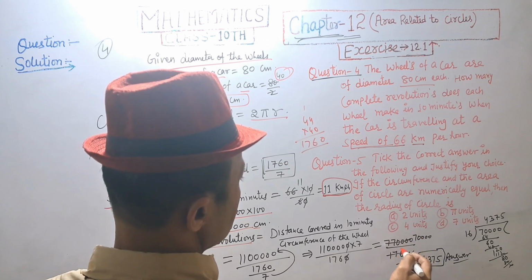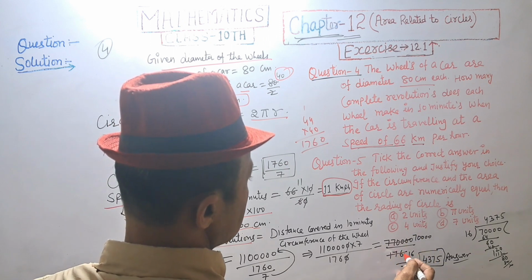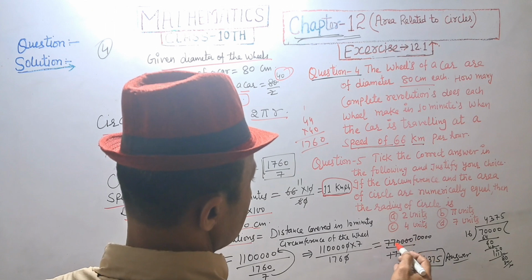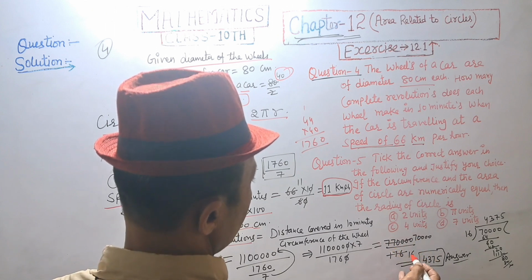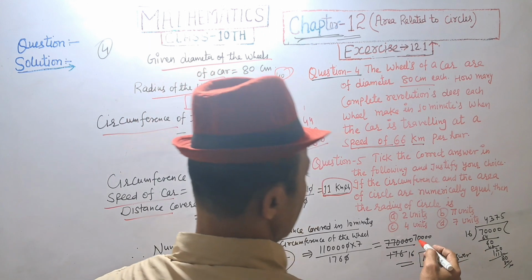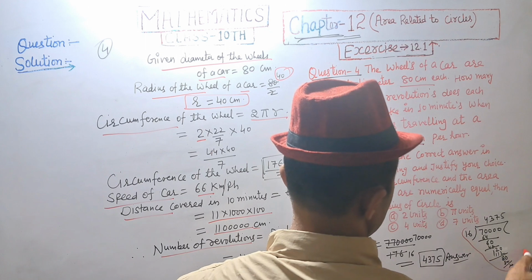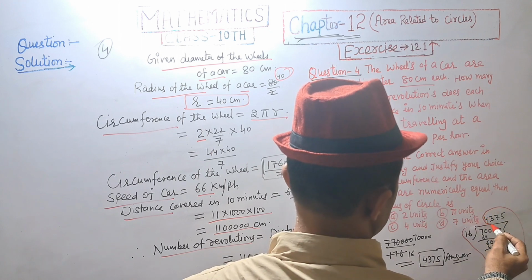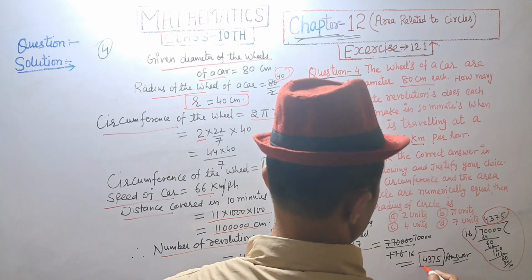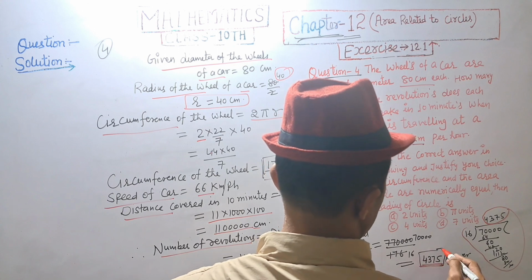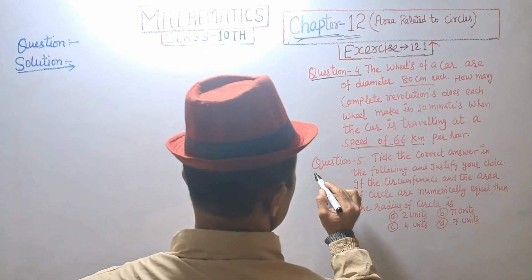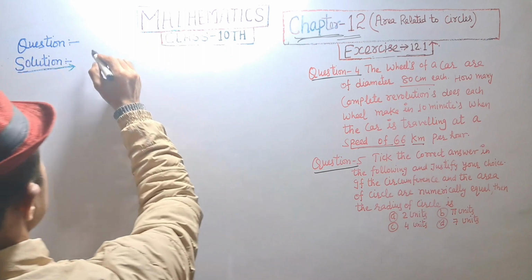We are dividing this by 11, and we are dividing 70,000 by 16. We get 4375. Answer.